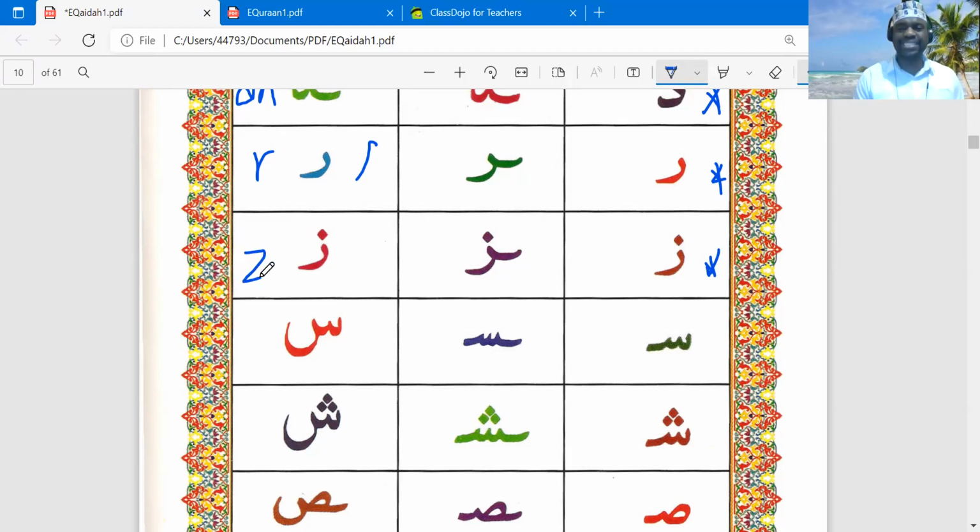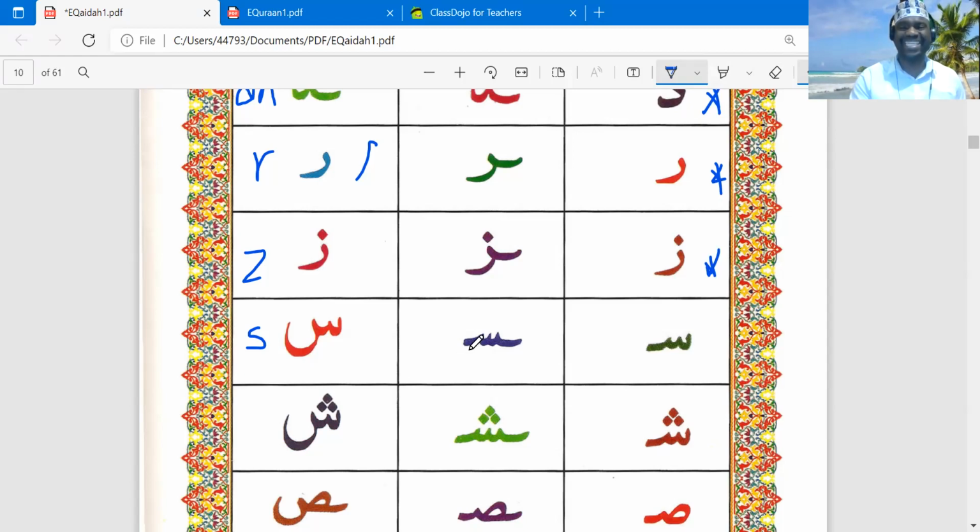Okay, Z is different from Sin. So this is Z. The next letter is Sin. Sin has three teeth. Sin, 1, 2, 3, sin, in the middle and at the end. And the Sin sounds like in Assalamu alaikum.